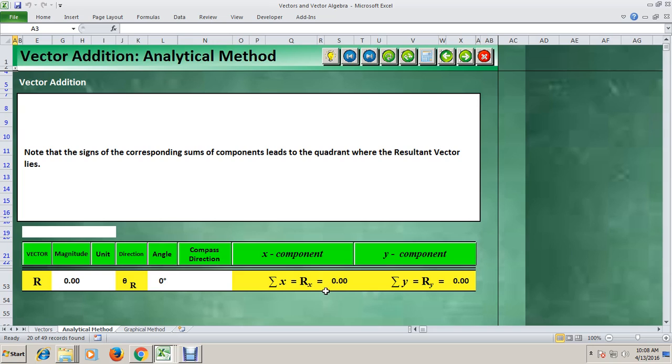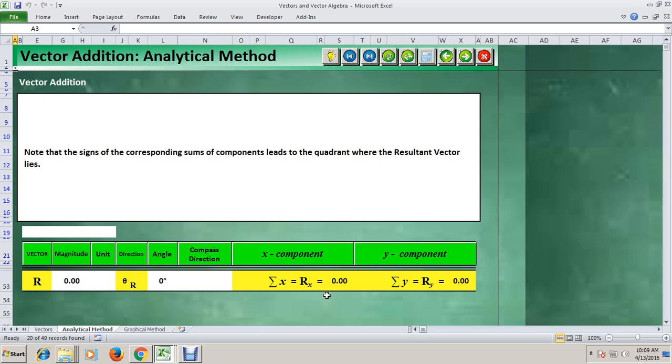So that means, for example, if you have the sum of the vectors in your x component, and this results in a positive number, and your y component results in a positive number also, that means your resultant vector is expected to be located on the first quadrant, since on the first quadrant the component of x is positive and the component of y is also positive.